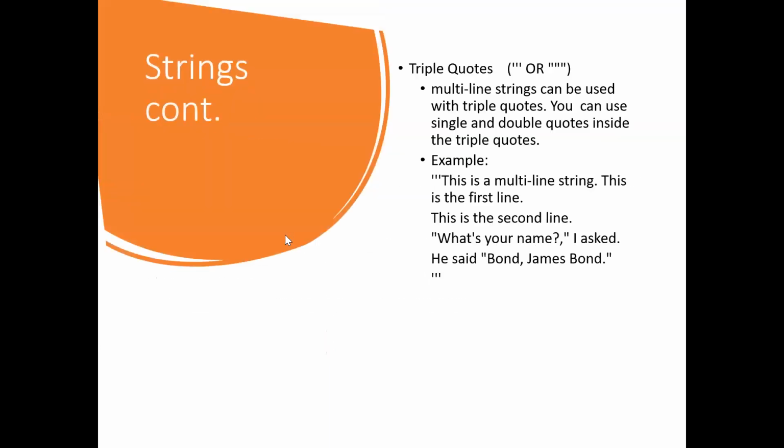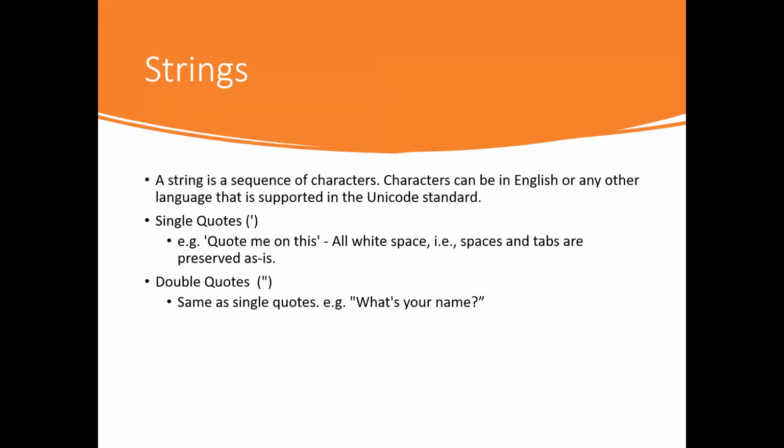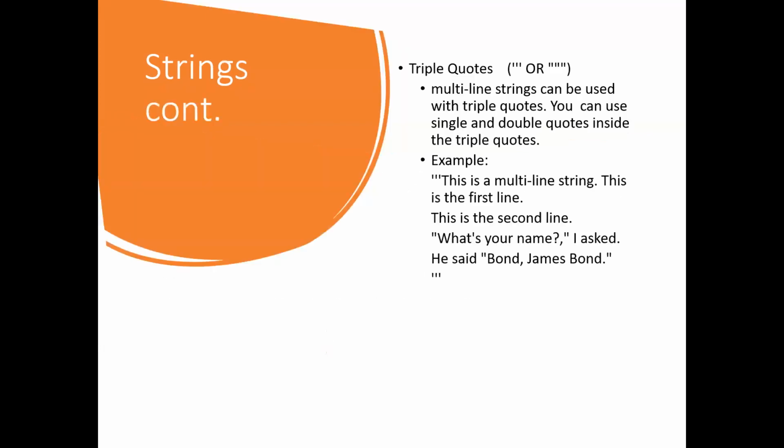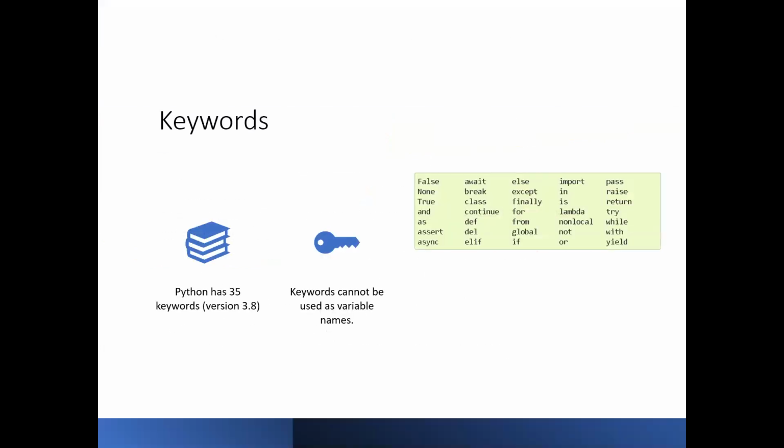And then we also discussed handling strings in Python. Basically, single quotes and double quotes are used to represent strings. If you need to represent multiple lines, then we use triple single quotes or triple double quotes.